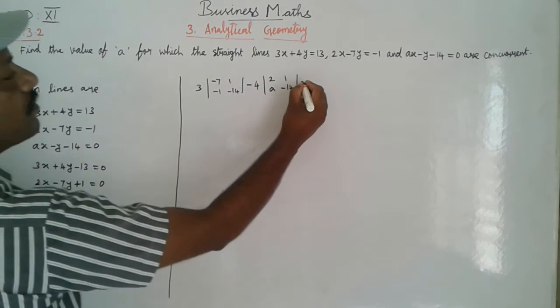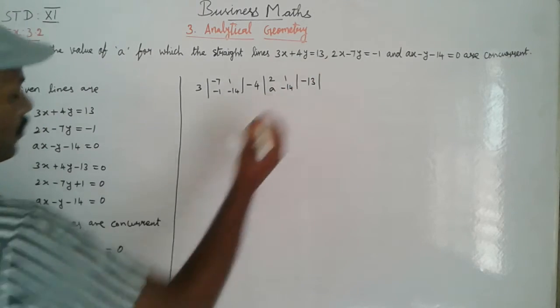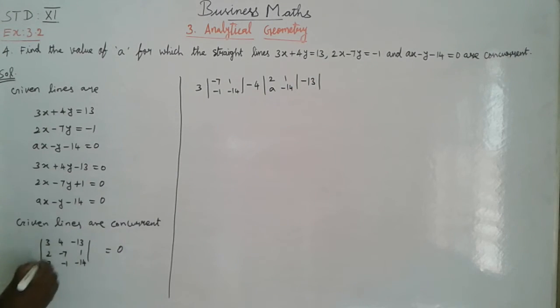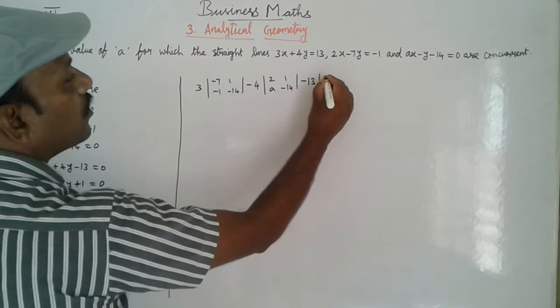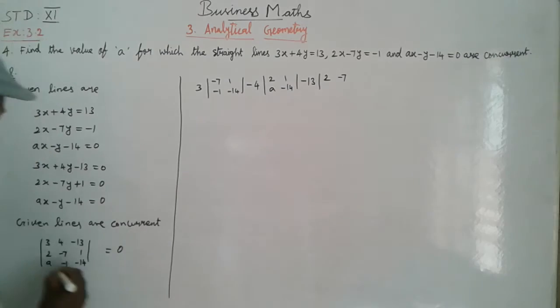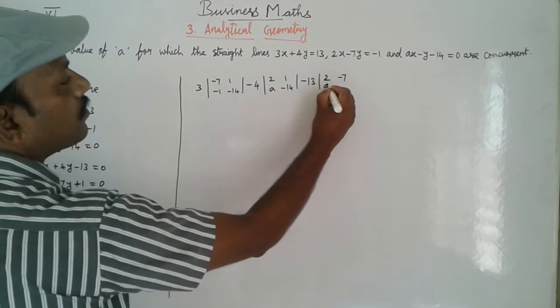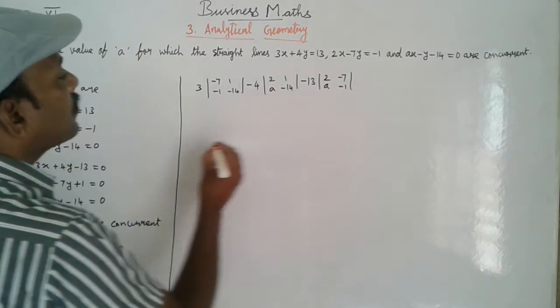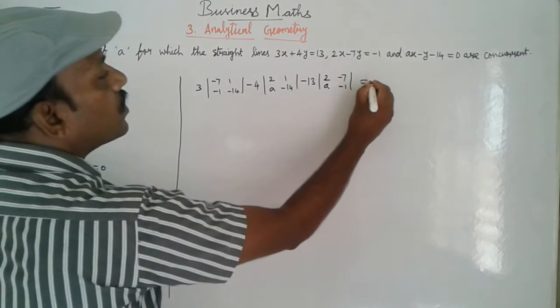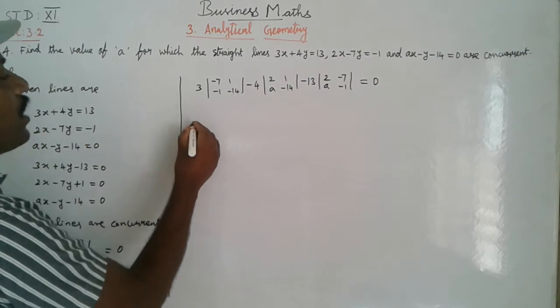Minus 13, times the minor: eliminate the row and column, leaving 2, -7, a, -1, equal to 0.